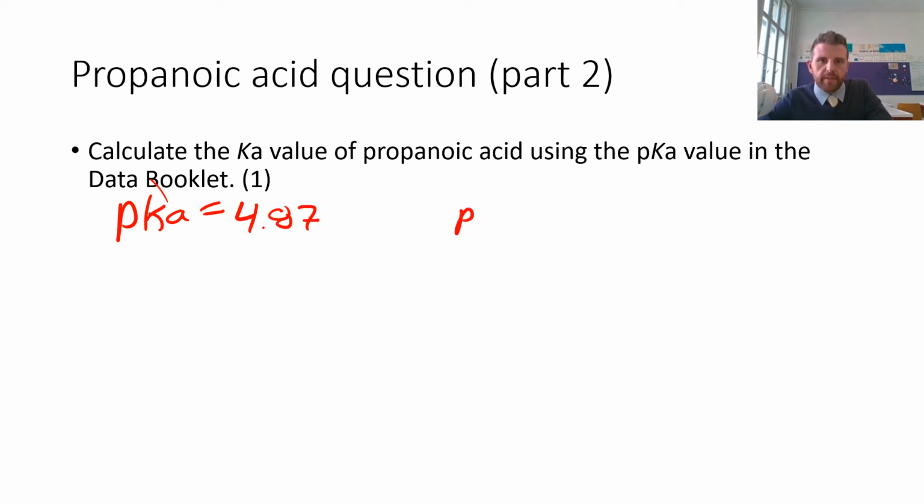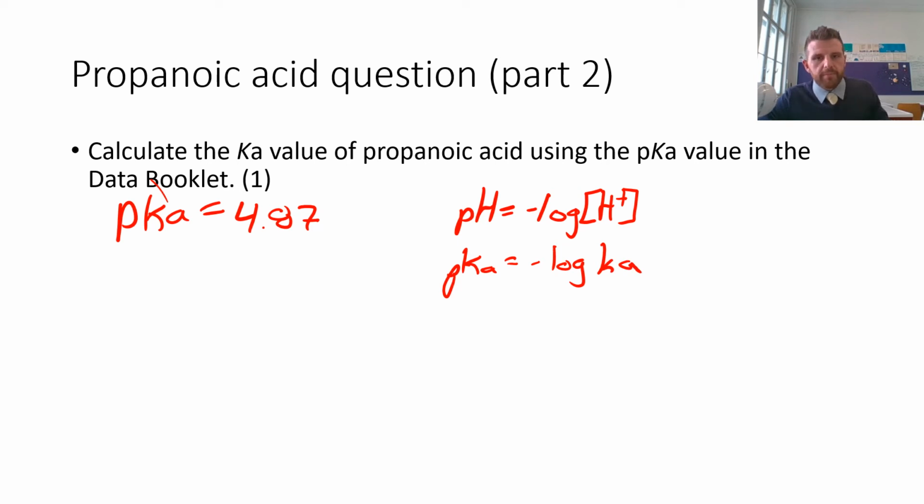So just like pH is the negative log of the concentration of H⁺, pKa is equal to the negative log of Ka. So remember that p just means negative log of, in a way, it means power.